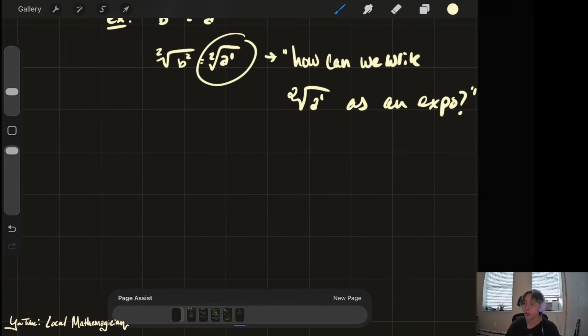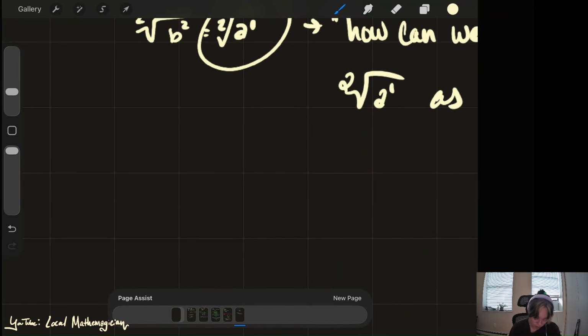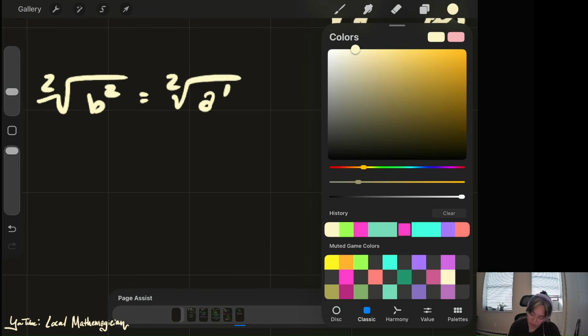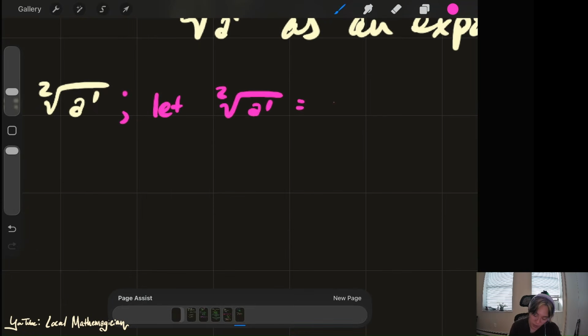Well, how did we get here? Hear me out. We know that the second root of b squared is equal to the second root of a to the first. We know a to the first can be written as some exponent of a, so a to the something. Then we can say, let the square root of a equal a to some k.